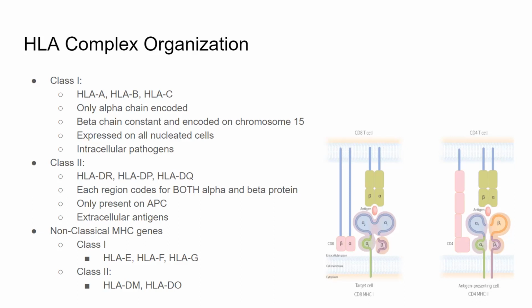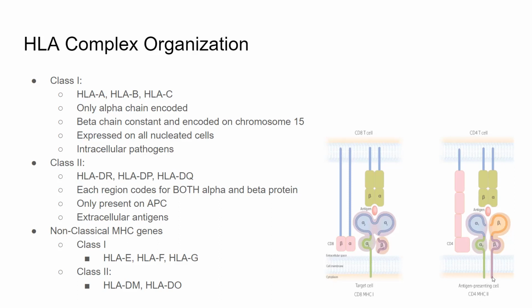So then class 2, on the other hand, has these ones. I'm not going to read them to you. But the cool thing is that they have both alpha and beta chains encoded on chromosome 6. So this means class 2 has way more variability because they get different combinations between alpha chains and beta chains, because they're both unique. So knowing that class 1, only alpha, class 2, alpha and beta.